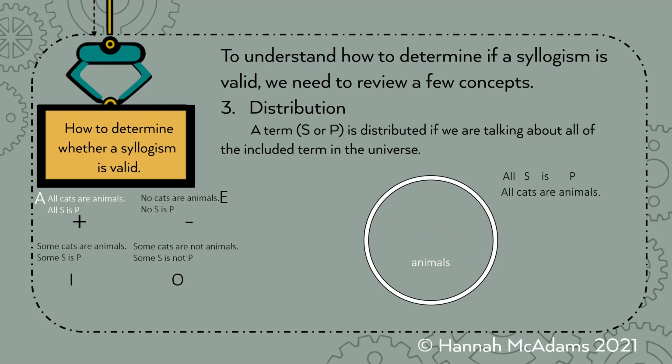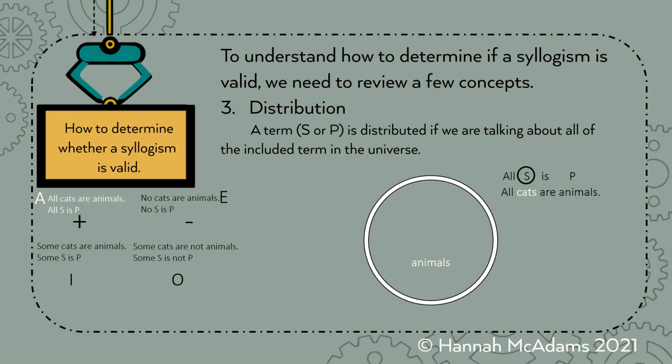So cats is in the subject. All cats are animals. That's in the subject. In an A statement, the cats is circled. Got that? So the S, the subject in an A statement, is distributed.